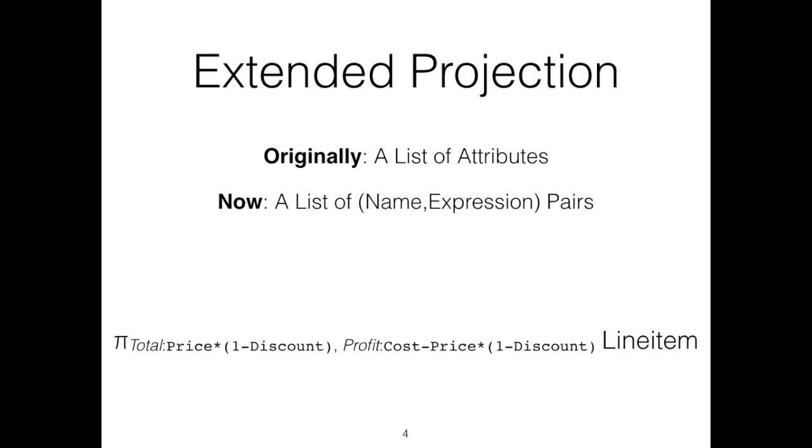And one thing I might want to do is compute the total of the price of all of the line items that I've sold. So, for example, I might compute the price times some discount attribute. I could also compute the amount of profit that I'm getting on it. Any questions on extended projection?